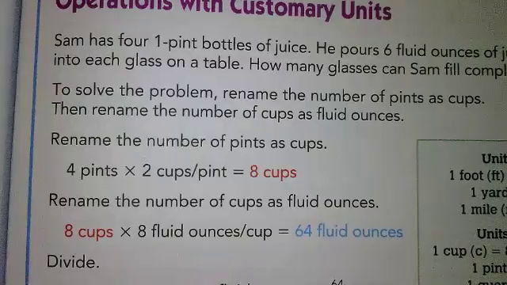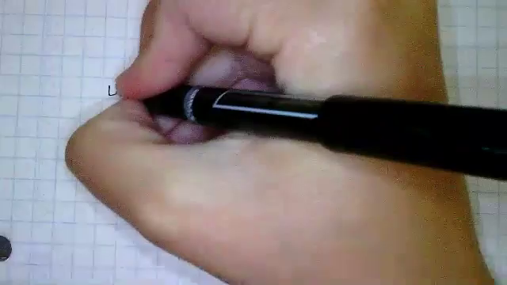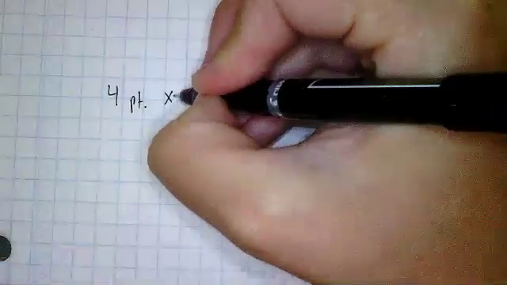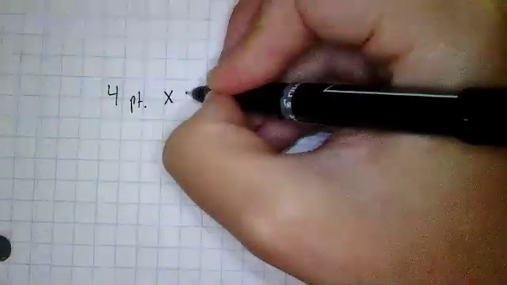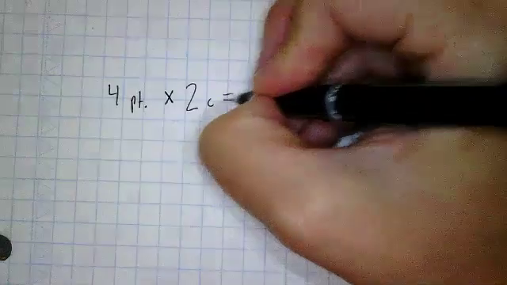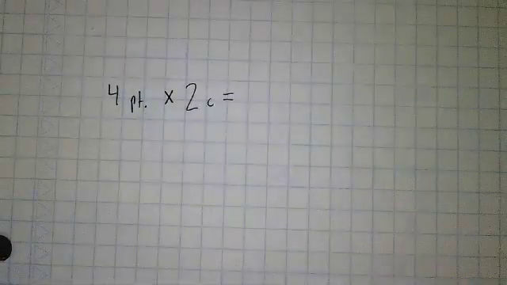So let's start with pints as cups. If we have 4 pints, and there are 2 cups per pint, we can write that down here. 4 pints, and we want to multiply that by the number of cups in each pint, 2 cups per pint, is going to equal how many cups?